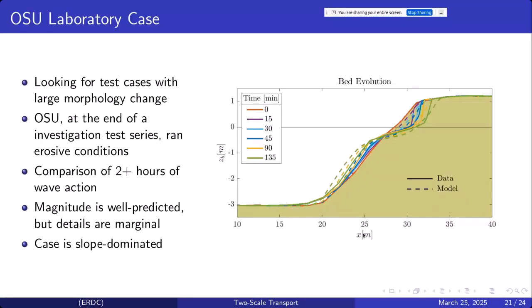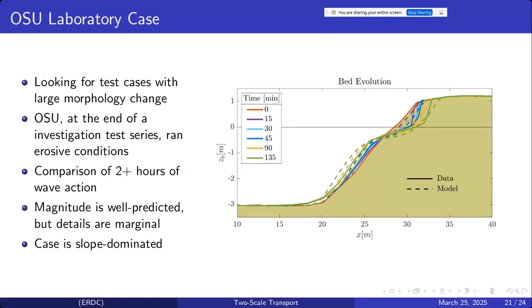Okay, so how about some real data? This was a good while ago, where the folks at Oregon State had finished up a test and they were trying to move some sand, and so they decided to just run their wave maker wide open for a long time. And so this is one of the cases that I like to use when I'm writing models, because it's a huge signal, right?